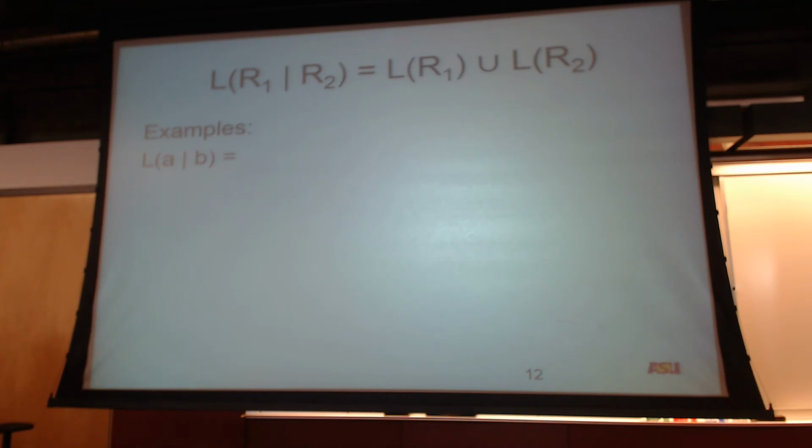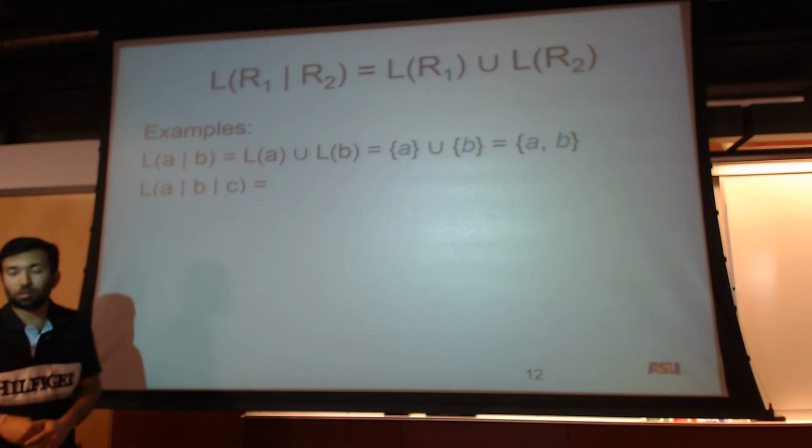Follow the rule. L of a bar b is L of a union L of b. What is L of a? It's a set containing a. And what is L of b? It's a set containing b. So you do L of a union L of b, and you just get a set which has both the alphabets, a and b. What is this one? Can you work out this one on your own? How will you go about doing this?